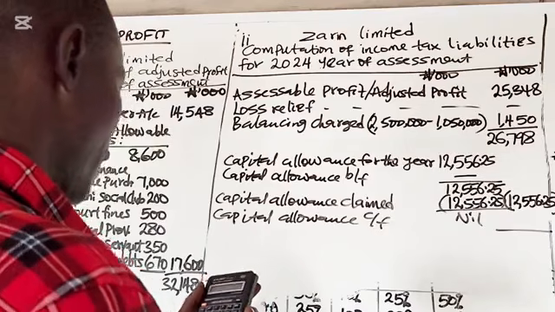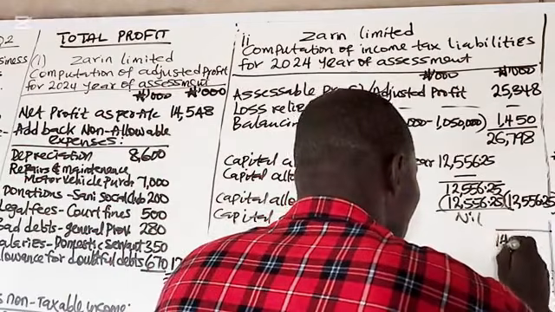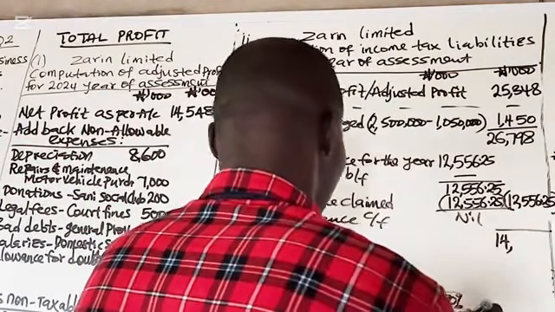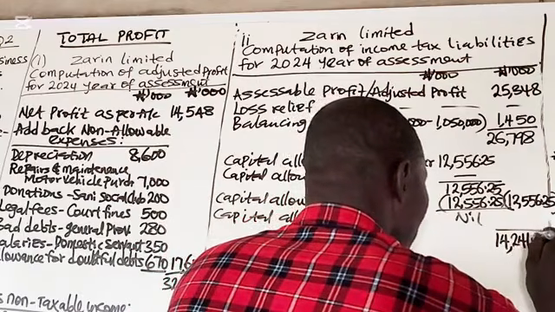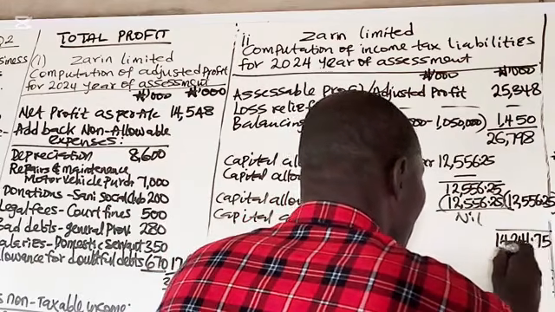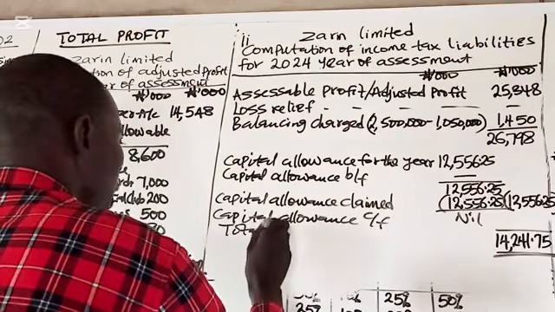So we have 14,241.75. That is the total profit.